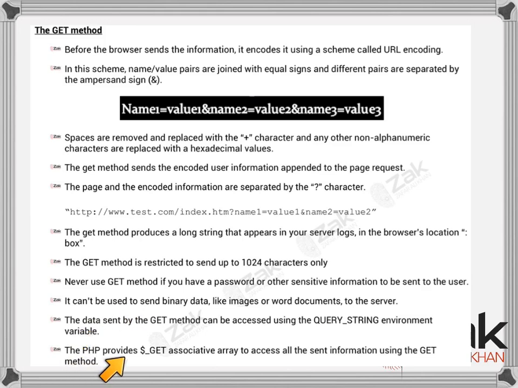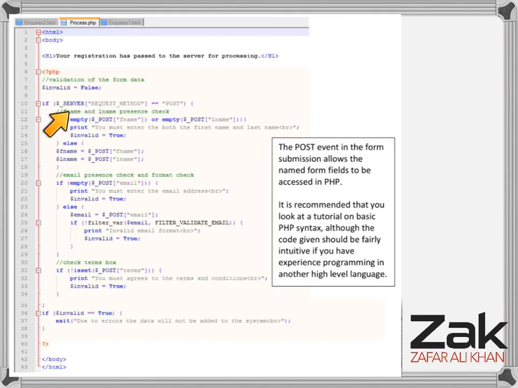The PHP provides the $_GET associative array to access all the data sent. Actually, what happens is that when the data is received, it is received in these identifiers, which are actually arrays.